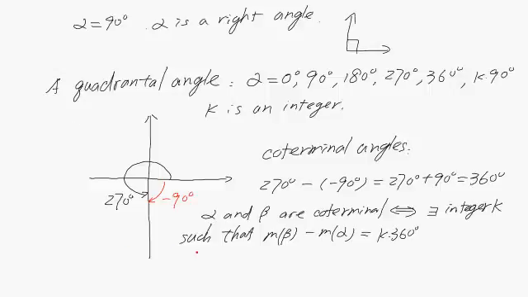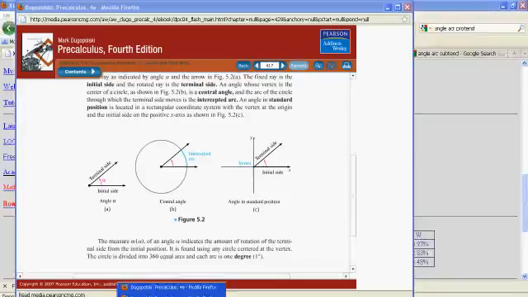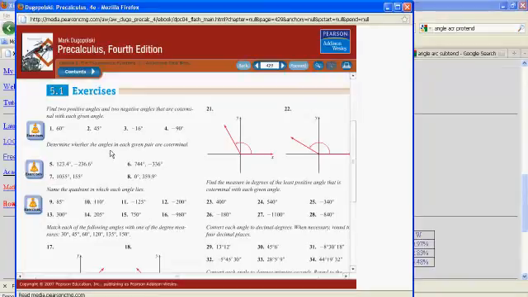Let's go to the page 429, and let's look at the problem 3. We need to find the two positive angles and the two negative angles that are coterminal with the given angle. So our given angle is the negative 16 degrees. Now let's come back to the whiteboard.